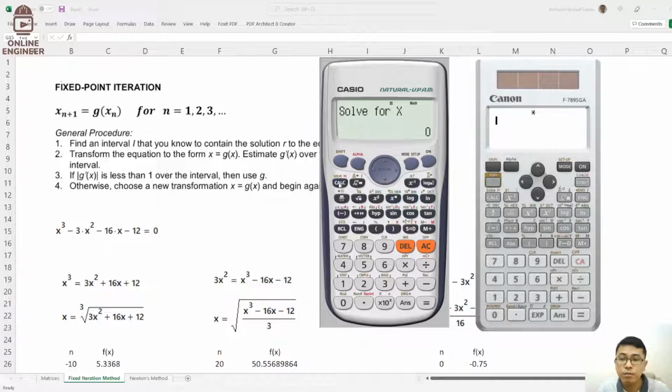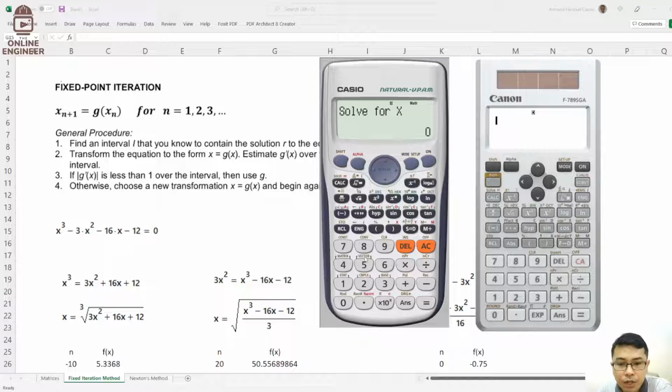If we shift solve, it will ask us to set an initial value for x here. Take note, the roots that we have are 6, negative 1, and negative 2. That's what we had when we solved this using the equation function.